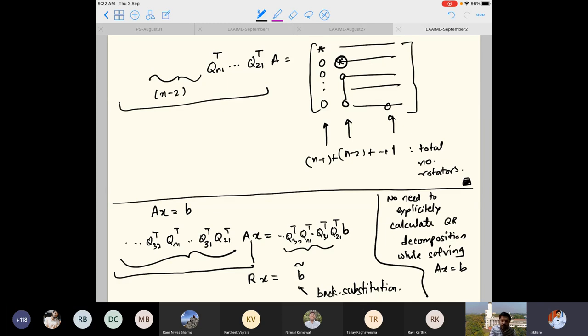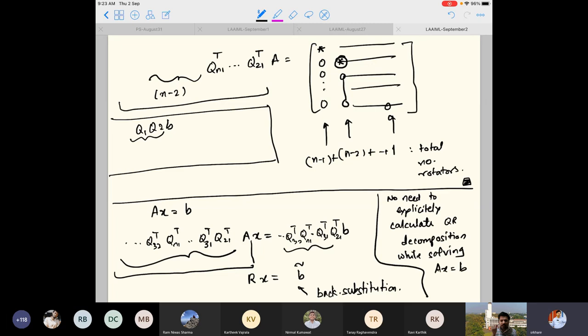The advantageous situation you are in is that suppose you have q1 q2 x, or q1 q2 into b. Suppose that is the multiplication that you want to do. How many floating point operations are required to calculate the matrix product?